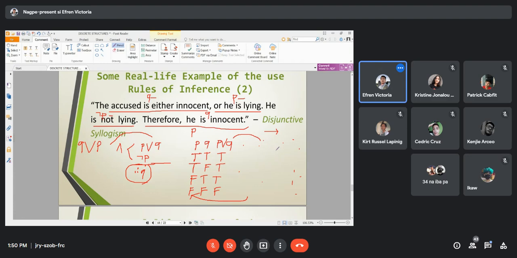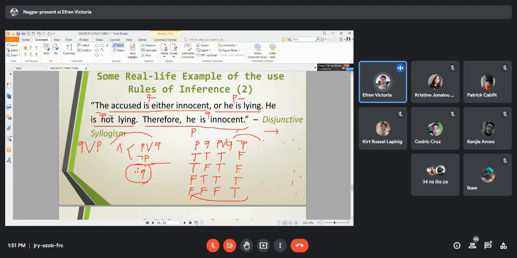Okay? So, ngayon, subukan natin if tama yung truth value na makukuha natin. Tautology ba siya kapag pinerform natin? So, P or Q, true, true, true, false. So, ipe-perform natin ngayon yung not P. So, false, false, true, true.